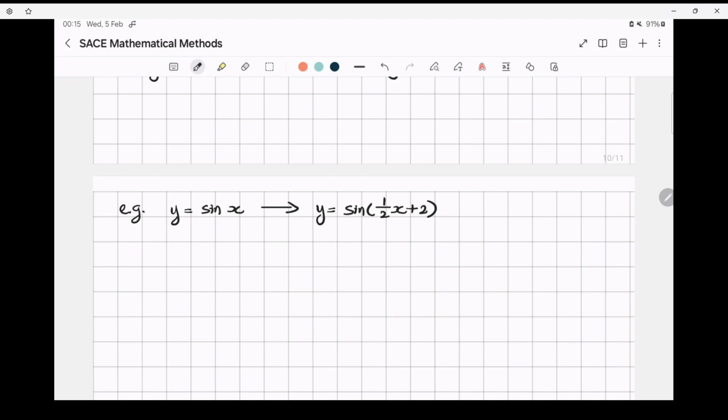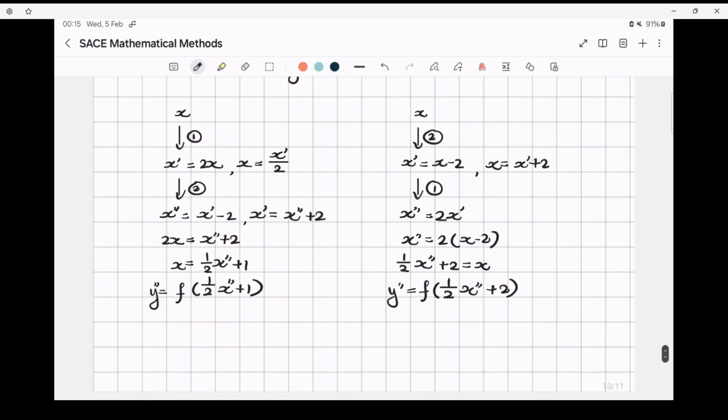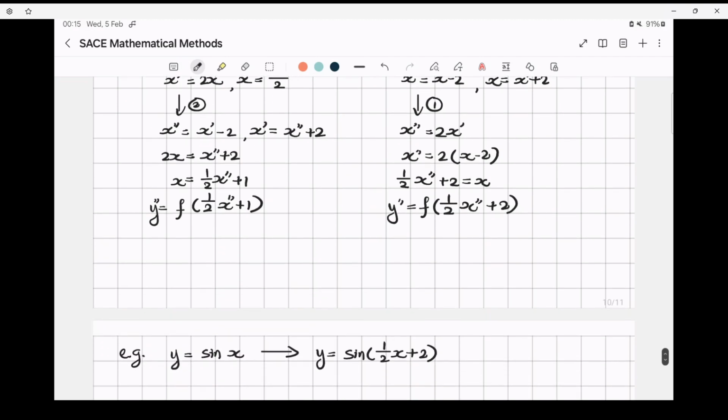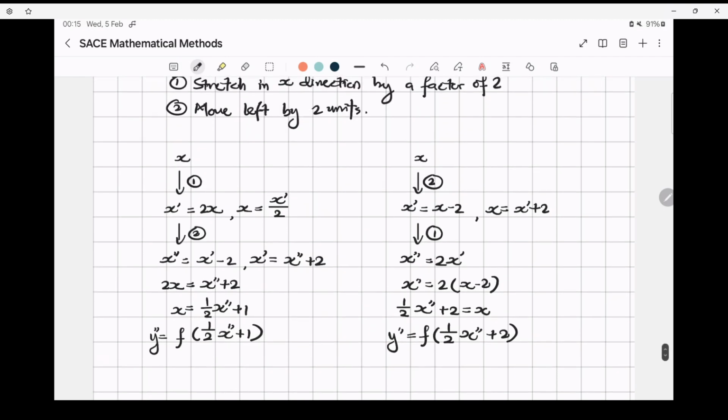So you need to be mindful about the whole transformation over here, because from our previous example, when you have 1 over 2 x plus 2, basically what you will need to do is to do the translation first, and then you do the stretch later.